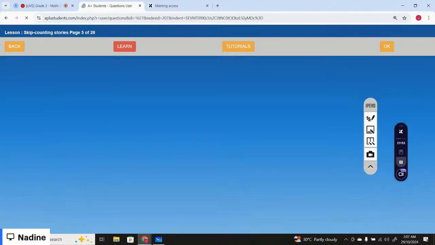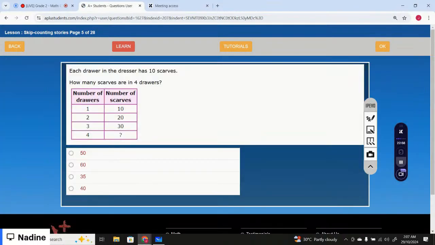Okay, the next one is each drawer in the dresser has 10 scarves. How many scarves are in four drawers? So which is the correct option?